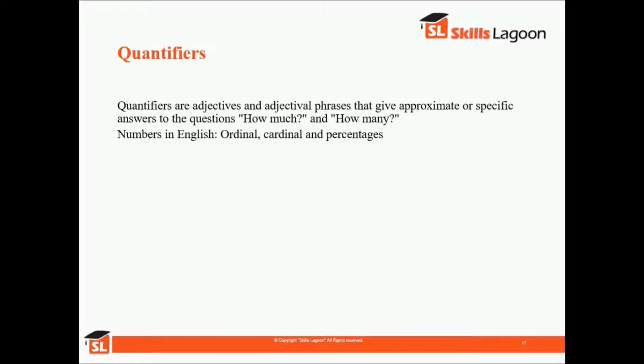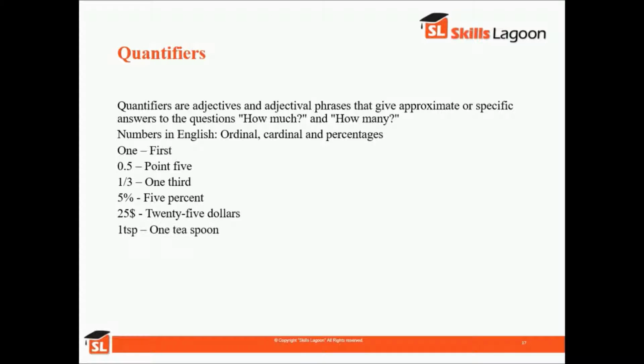Numbers in English are ordinal, cardinal and percentages, like 1 is first, 0.5 is known as 0.5, 1 by 3 is known as 1/3, 5% is known as 5%, $25, 1 tsp is known as 1 teaspoon, 3250 BC is known as 3250 BC.